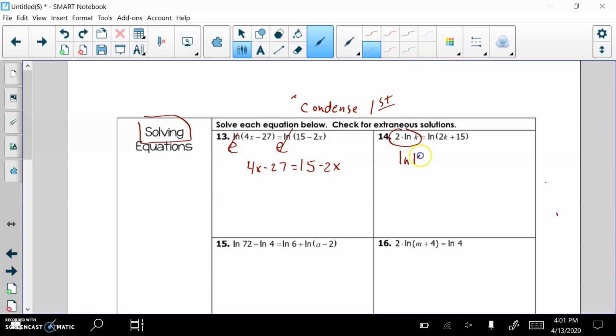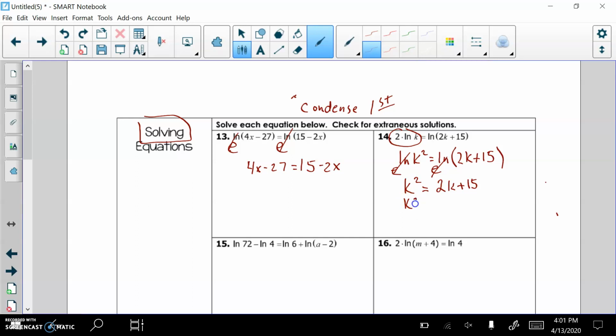natural log of k squared equals natural log of 2k plus 15. And that's the natural log of all of 2k plus 15. That's why it's grouped together. All right, so now once we exponentiate, you end up with our favorite situation, quadratic.